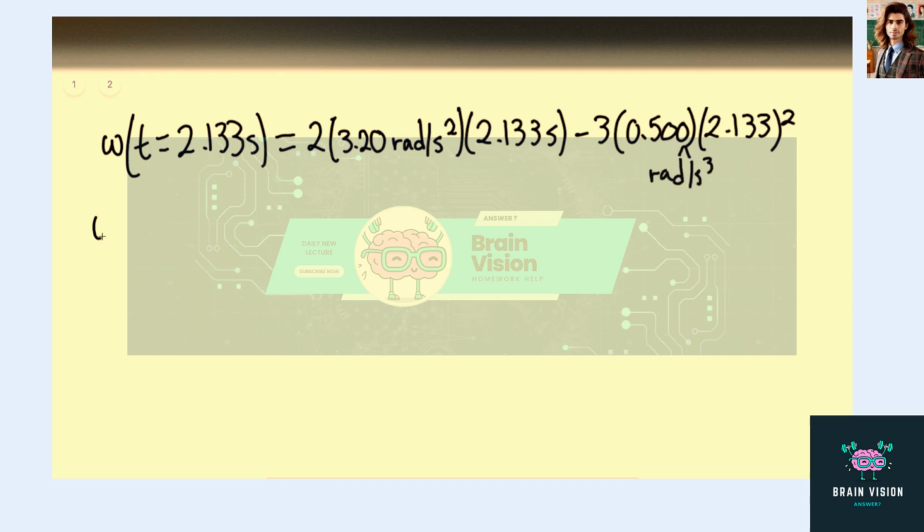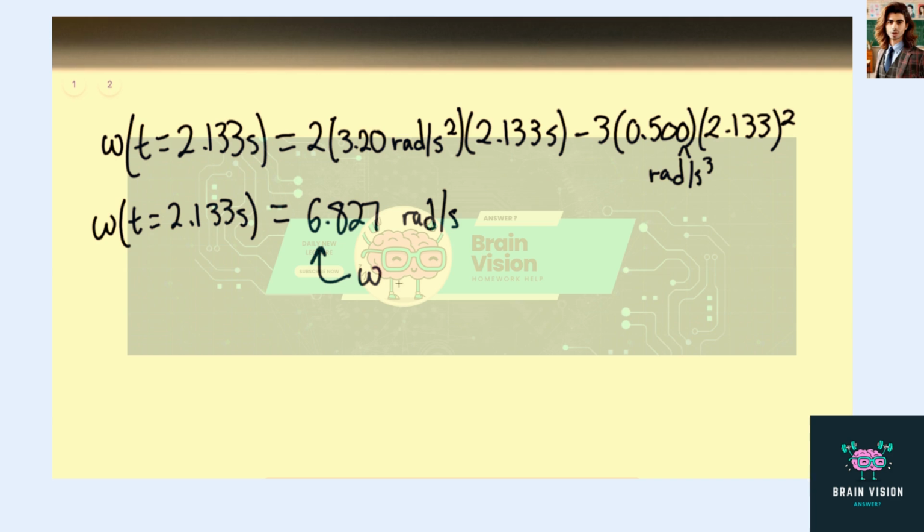And at this point, we find that omega(t) at 2.133 seconds is going to be 6.827 radians per second. And this is going to be your omega max. So this is your answer, and it occurs at t equals 2.133 seconds.